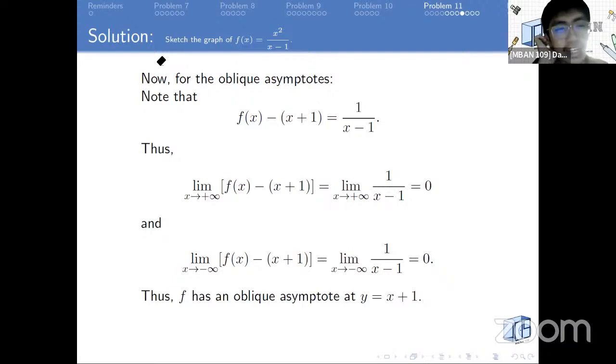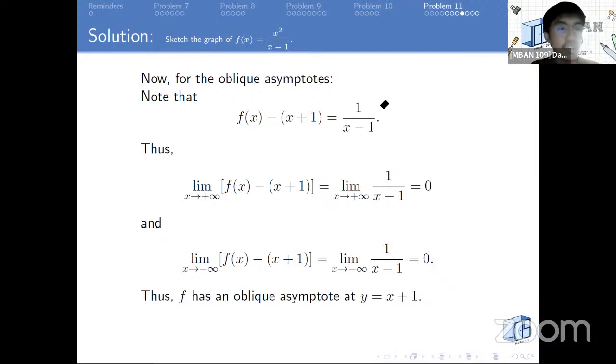Nagkakaroon tayo ng horizontal asymptote pag yung degree ng numerator at degree ng denominator ay equal. Pero in this case, yung degree ng x squared clearly ay mas mataas sa degree ng x minus 1. So magkakaroon tayo ng oblique asymptotes.